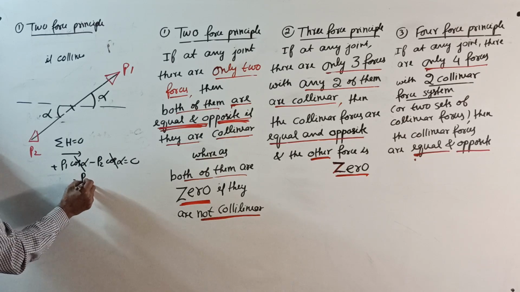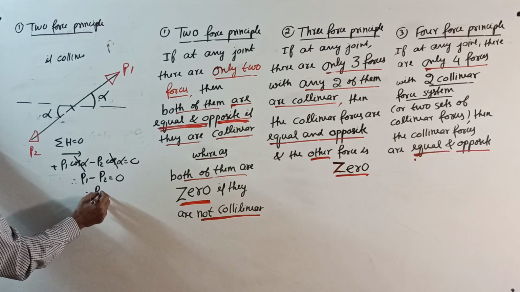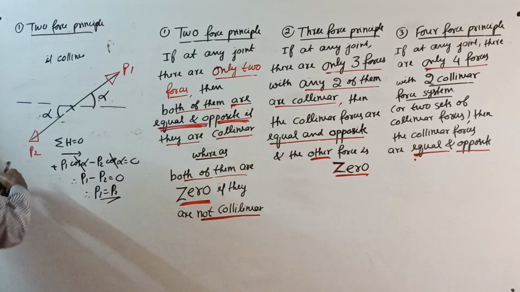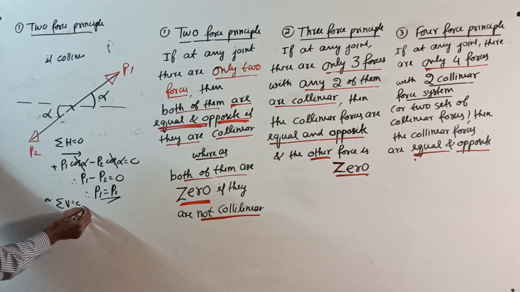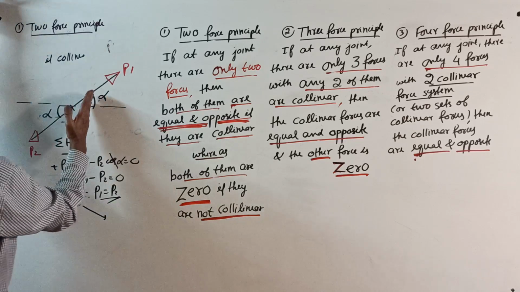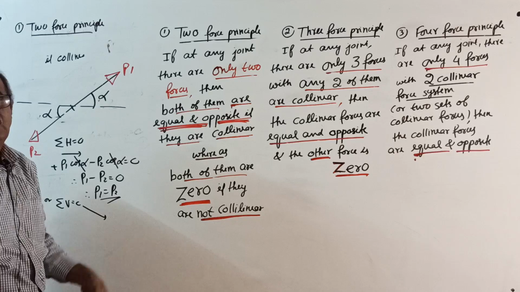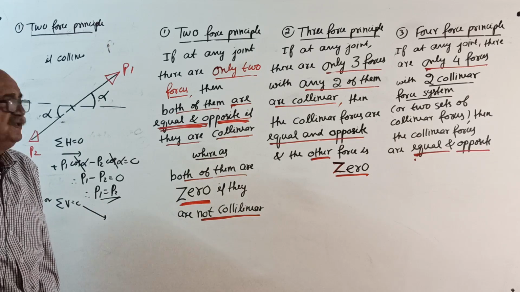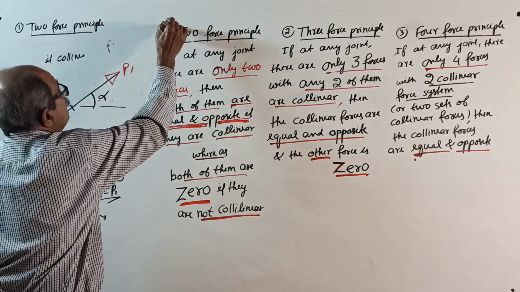Therefore, P1 minus P2 equal to 0, therefore P1 equal to P2 for collinear forces. Or sigma V equal to 0 will also do. You write it yourself: P1 sin alpha minus P2 sin alpha equal to 0. Sin alpha will cancel, P1 minus P2 equal to 0, P1 equal to P2. This is the proof for the 2-force principle.